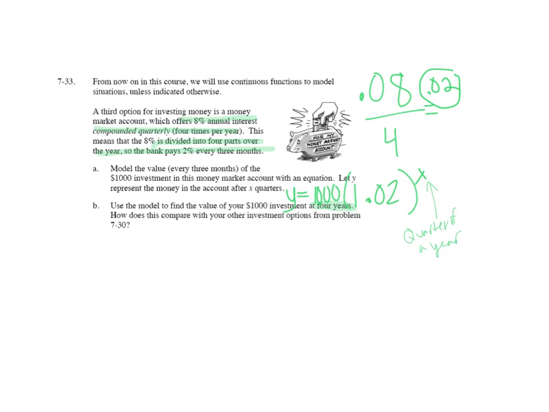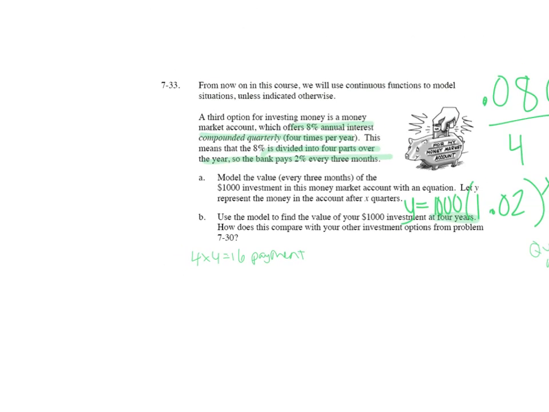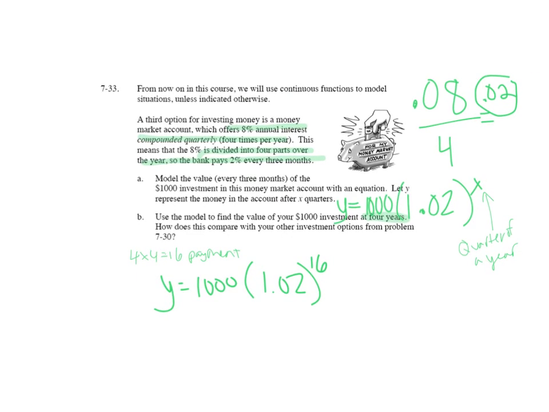So if we need to have 4 years and there are 4 quarters per year, we would do 4 times 4, which means we're actually getting 16 payments. So when we do our calculation, we're going to have y equals 1,000 times 1.02 to the exponent of 16. There are 16 quarters in 4 years. And we could calculate a dollar amount.